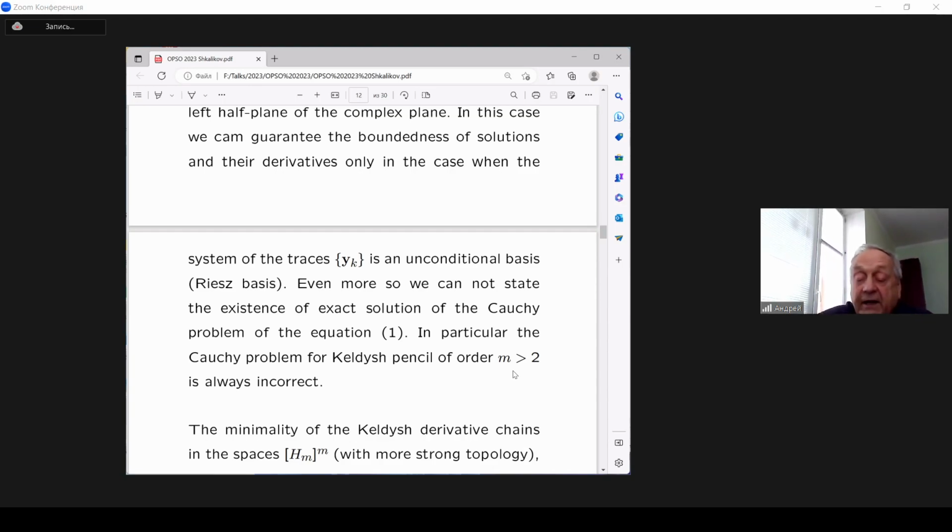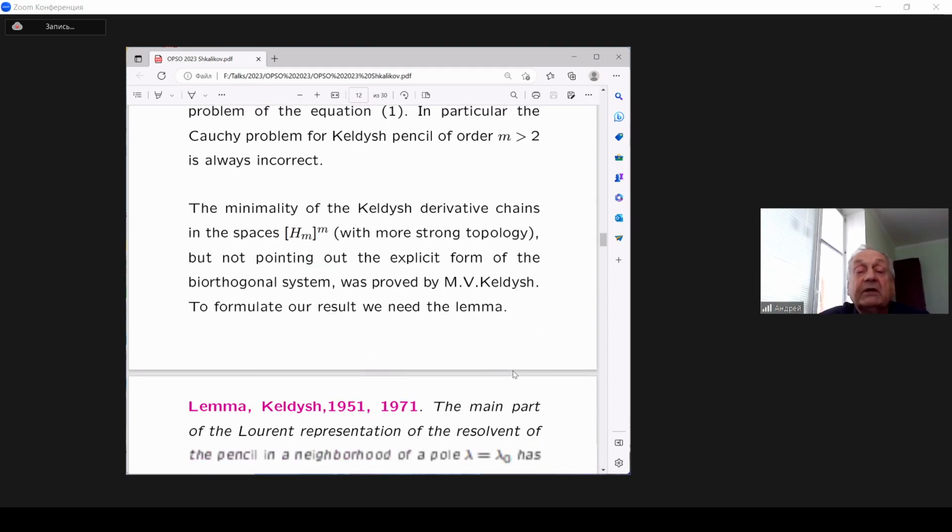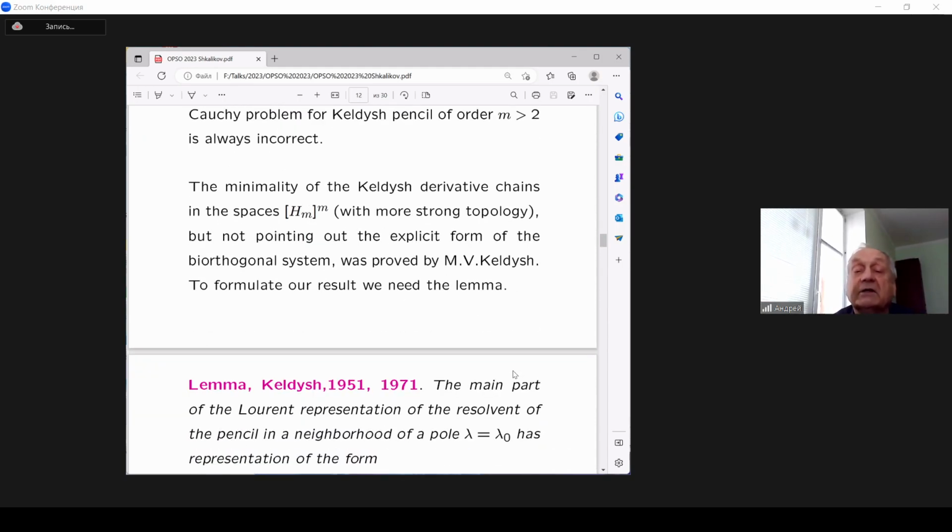It's always incorrect. The minimality of the Keldysh derivative chains in the space of copies of HM topology is more strong, but not pointing out the explicit form of the orthogonal system, was proved by Keldysh.